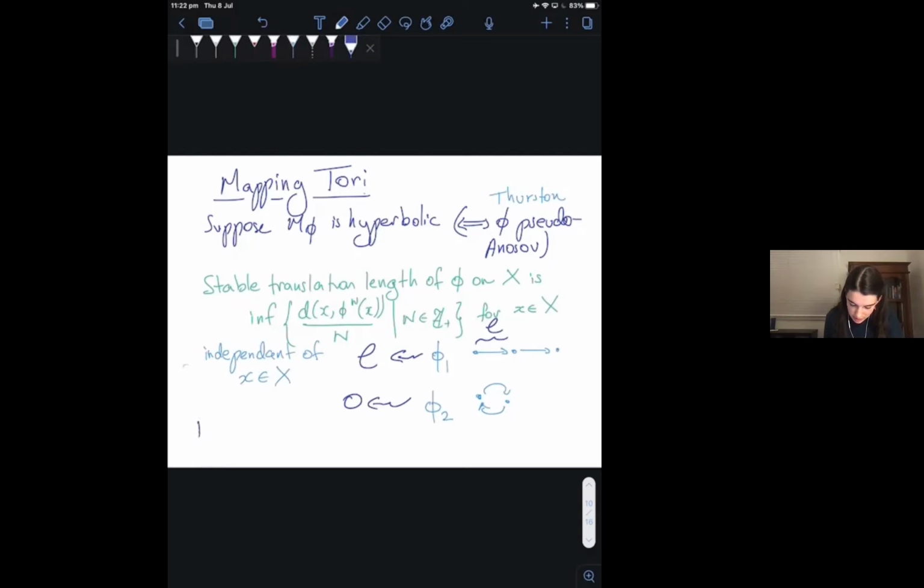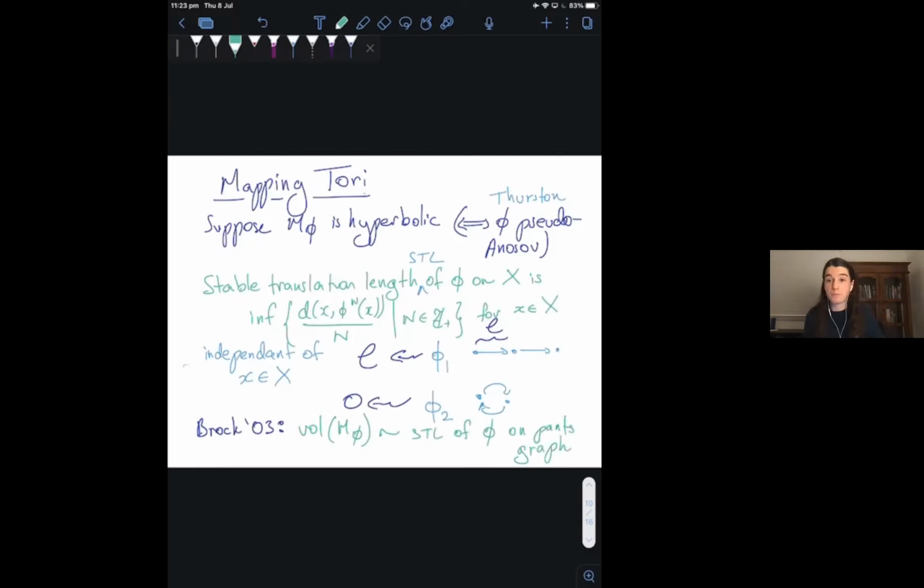Well, one result that Brock proved, and I'll just abbreviate stable translation length as STL because that's way too long to write out, is that in the case where our mapping torus is hyperbolic, so when our map was pseudo-Anosov, then the hyperbolic volume of our mapping torus is approximately bounded by some constants on each side, like a quasi-isometry sort of thing, by the stable translation length of our map acting on the pants graph.